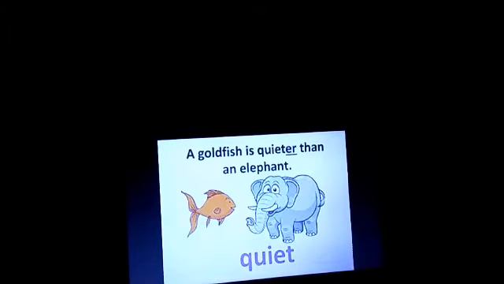Now let's have an image with an example. Here the word quiet is given, which is a positive degree adjective. Goldfish, elephant. A goldfish is quieter than an elephant. We have used ER and than to compare goldfish and elephant.